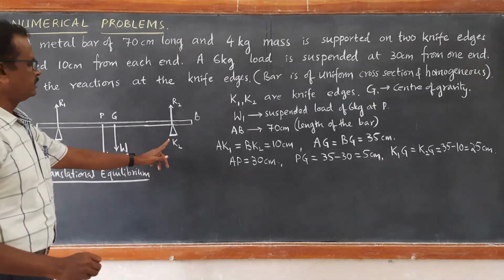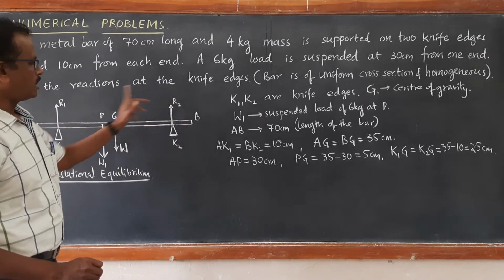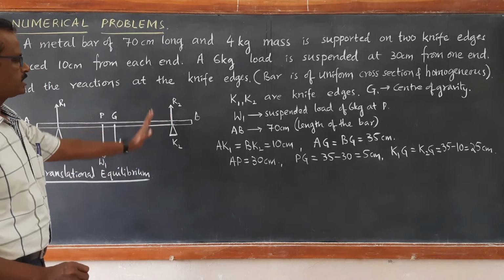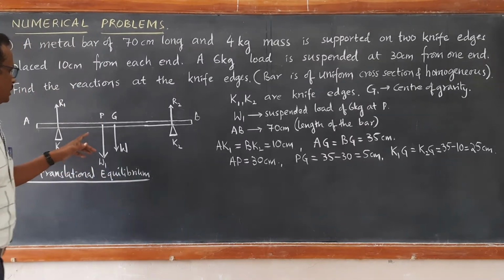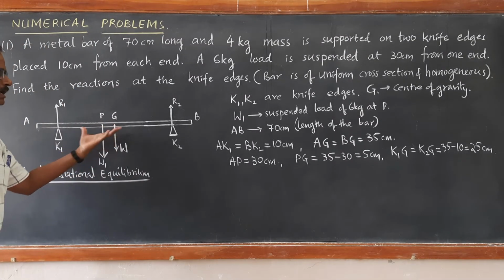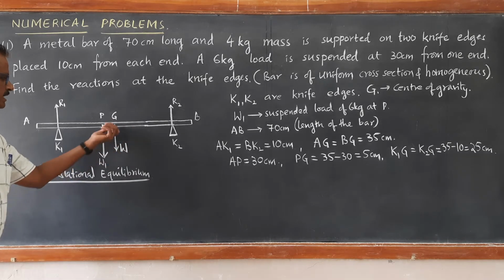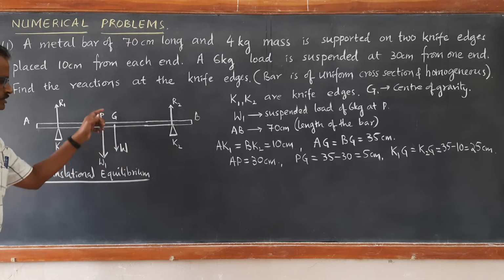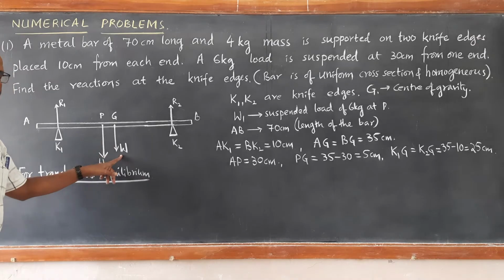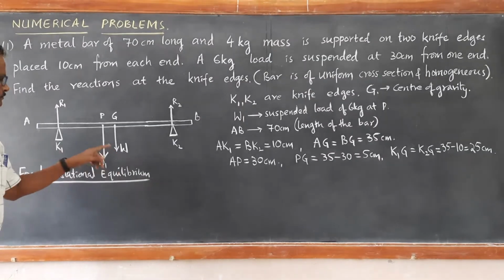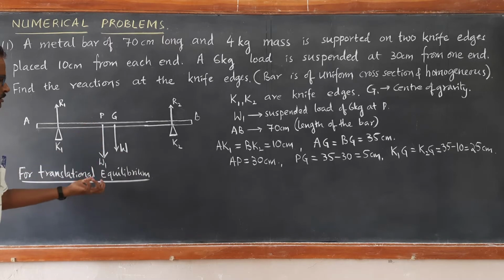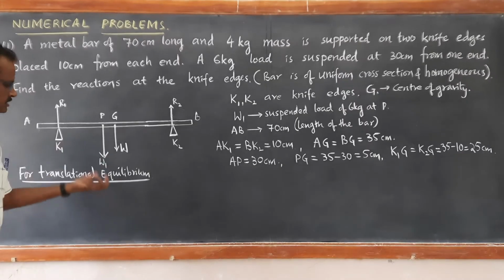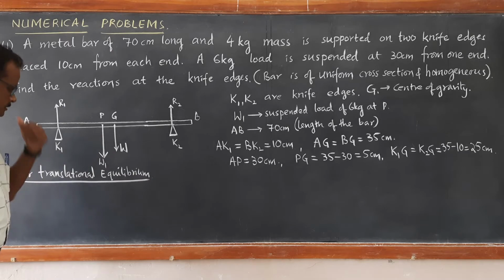R1 and R2 are the normal reactions which are acting vertically upward, so we will take them positive. And the weight of the entire metal bar is acting at the center of gravity, vertically downwards. So W is negative, and W1 is also negative because it is also a weight exerted towards the center of the earth, vertically downwards.